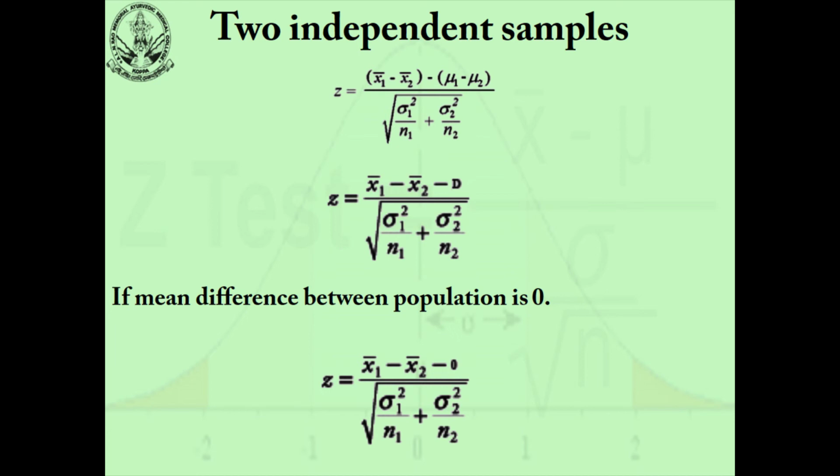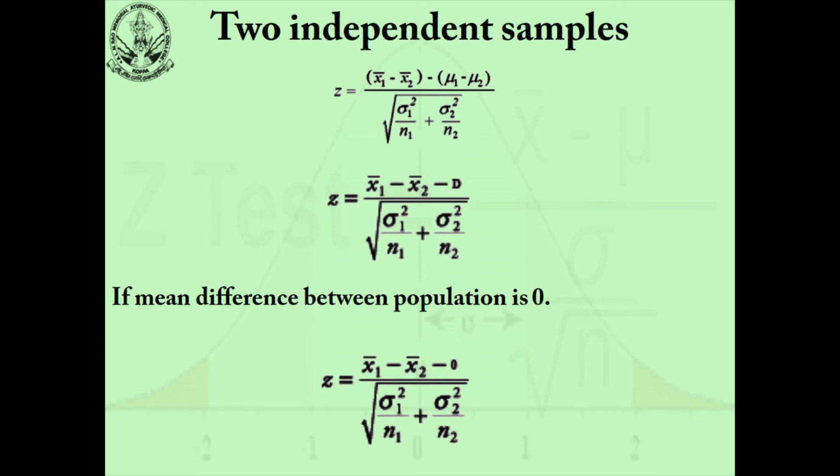Here we can replace mu 1 minus mu 2 with d, the difference between the two populations. So the formula is x bar 1 minus x bar 2 minus d, divided by the root of sigma 1 squared by n1 plus sigma 2 squared by n2. Suppose the mean difference between the populations is 0.